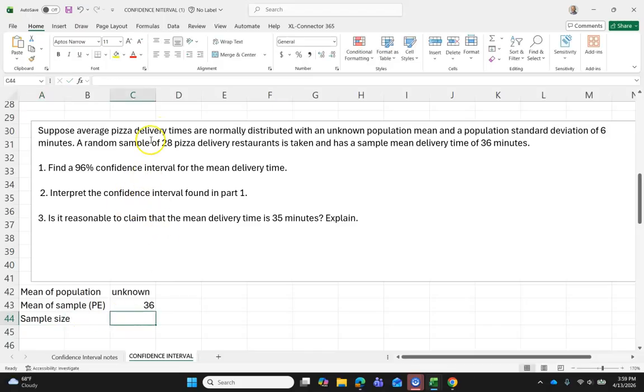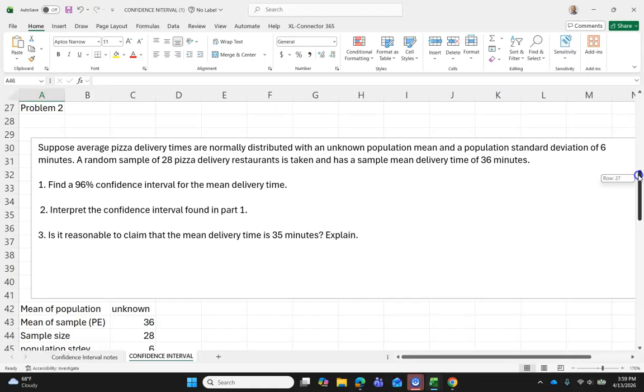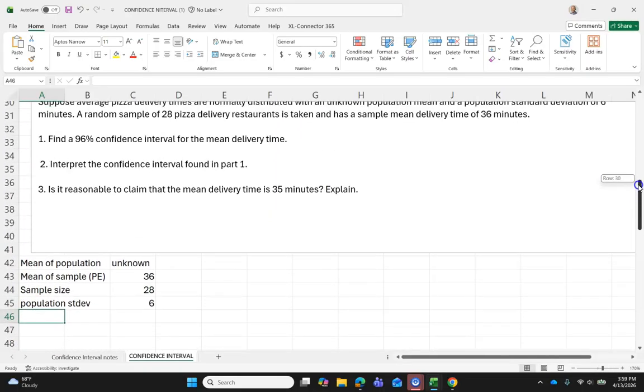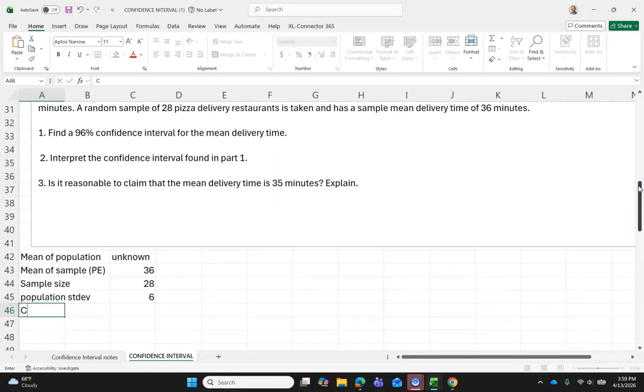The sample size here is 28 pizza delivery restaurants, and the next information is the population standard deviation. This one is 6. We can also find the confidence level, which is 96%.